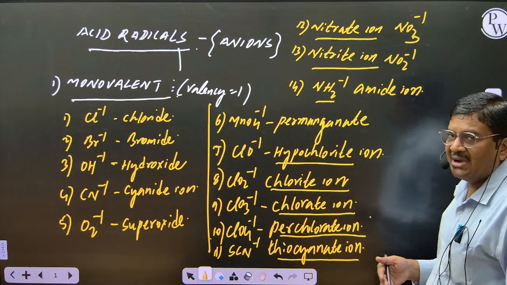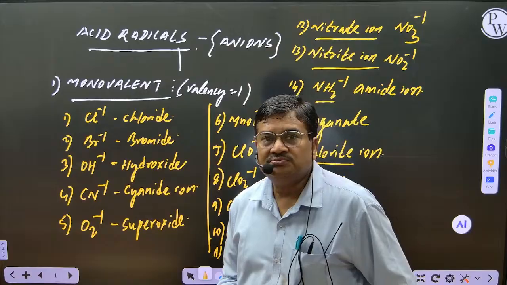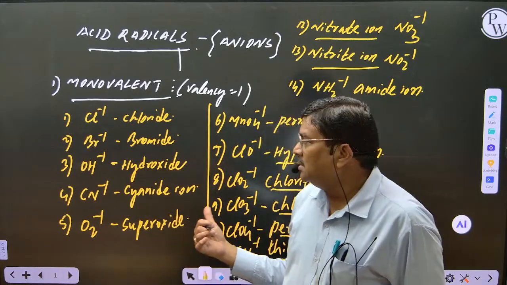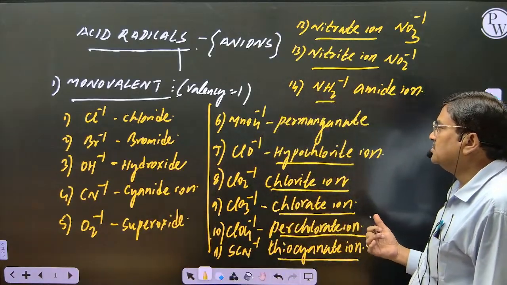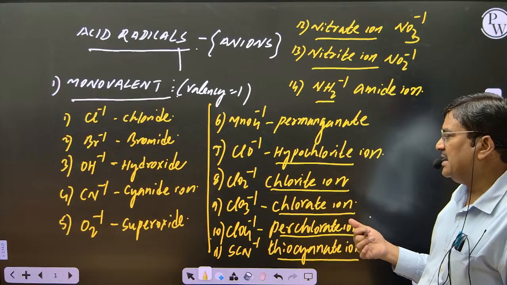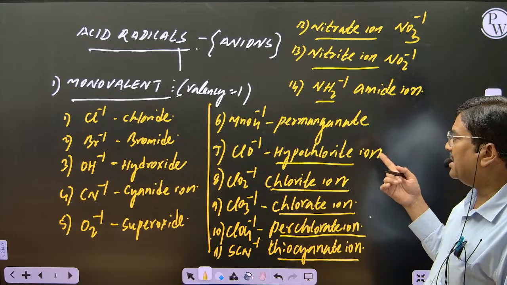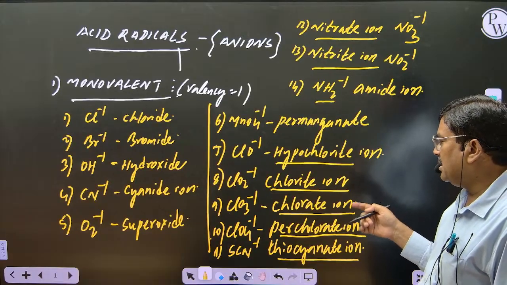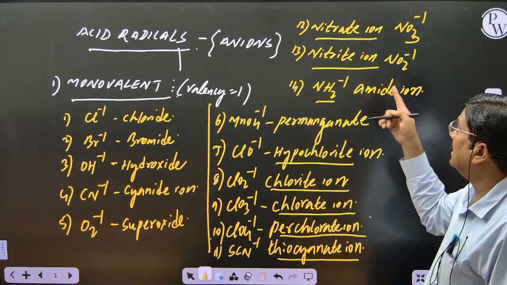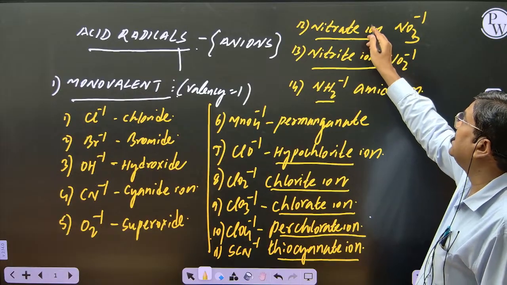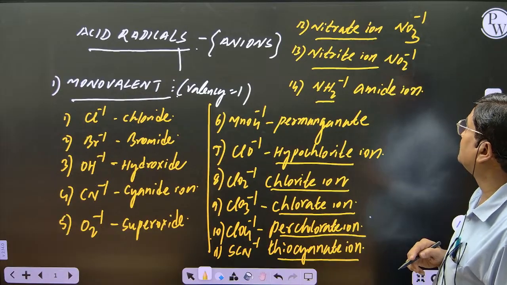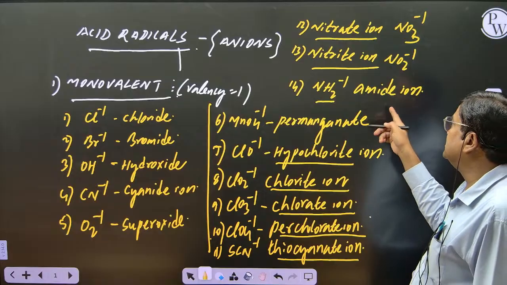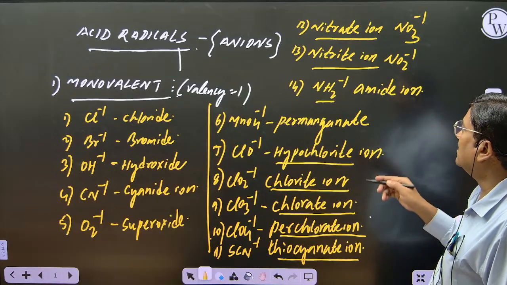So what is meant by bivalent? Whose valence is 2. Copied all of it? So this list you have to remember: chloride, bromide, hydroxide, cyanide, superoxide, permanganate, hypochlorite, chlorite, chlorate, perchlorate, thiocyanate, nitrate ion. See the difference between nitrate and nitrite ion. This is nitrite ion. This is amide ion.